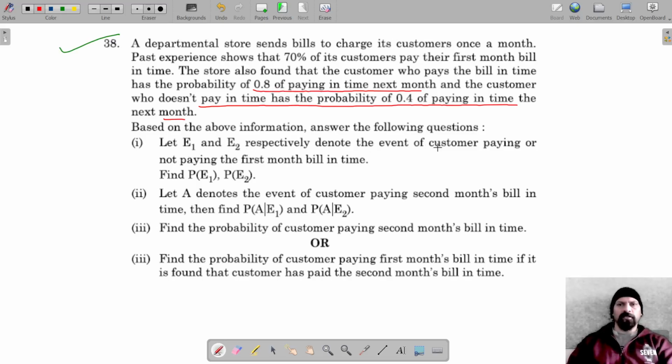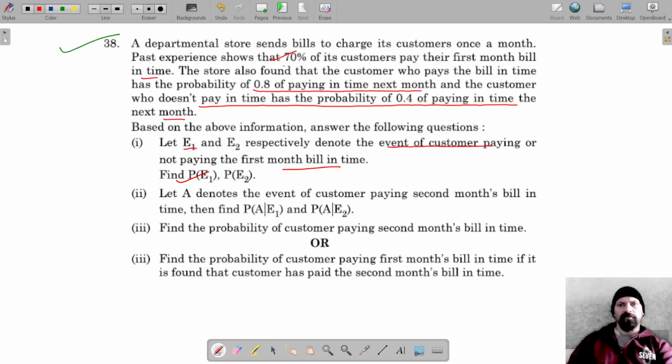E1 and E2 are the events of a customer paying or not paying the first month bill in time. So what is the probability of E1? It's given here that 70% of its customers pay their first month bill in time, and E1 denotes the same event, which is 70%.